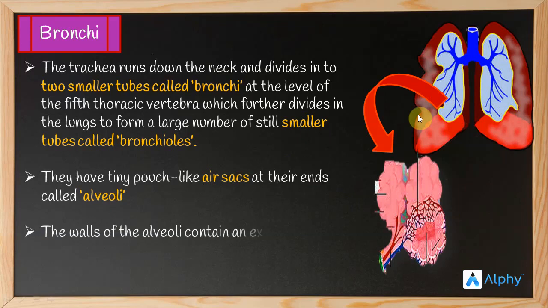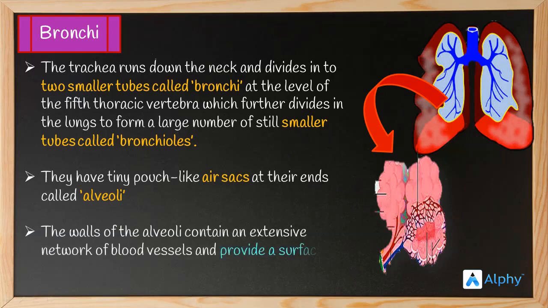And the walls of the alveoli contain an extensive network of blood vessels and provide a surface where the exchange of gases can take place. So when we look at the function of these alveoli, we can say it is at the surface of the alveoli that gaseous exchange takes place. This is how our alveoli play a role in gaseous exchange in the body.